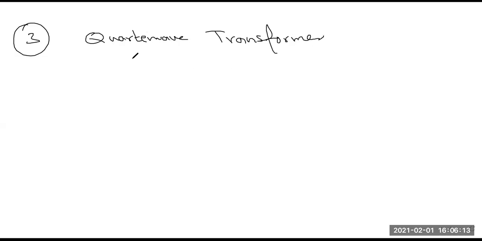The third type of impedance matching circuit is something which we have already covered, but not in that much detail, and that is known as quarter wave transformer. So what is a quarter wave transformer?